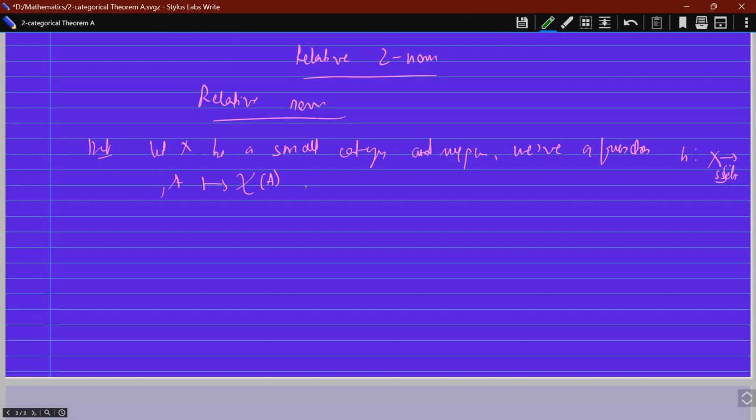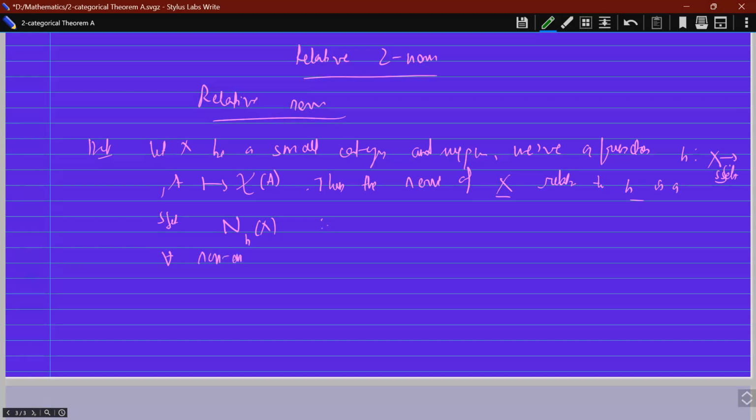So suppose we have a functor. Then the nerve of X relative to H is a simplicial set. This is the way I denote it. The simplicial set is defined as follows, directly from Haugseng and Porta.